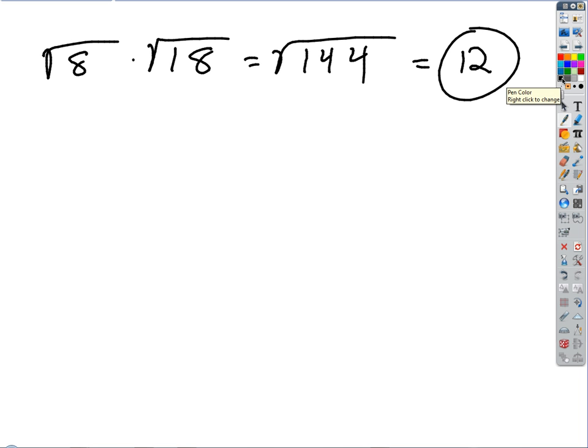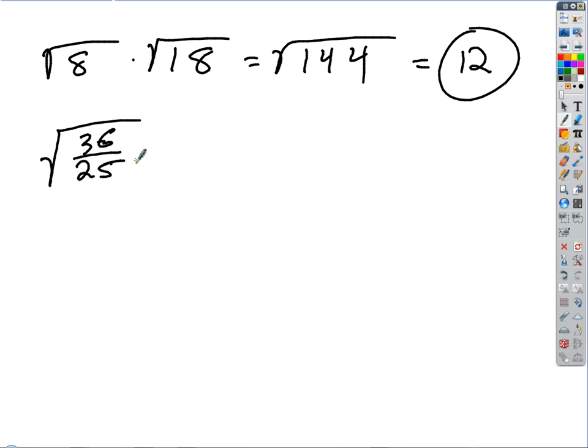So what if I had something like this? What if I had the square root of, let's say, 36/25. Okay, thank you. So how am I going to deal with that? Square root of 36/25.